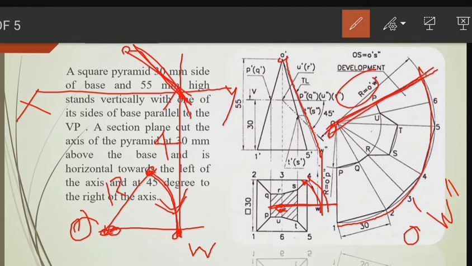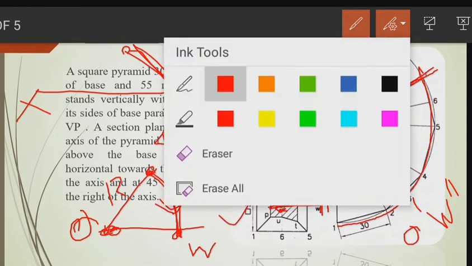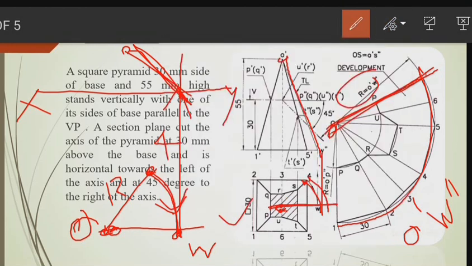that is, we have 30 as the sides, isn't it? 30, so we have to select that 30. So we just point here, first point here, and measure 30, and make an arc here, and then not, sorry, not there.